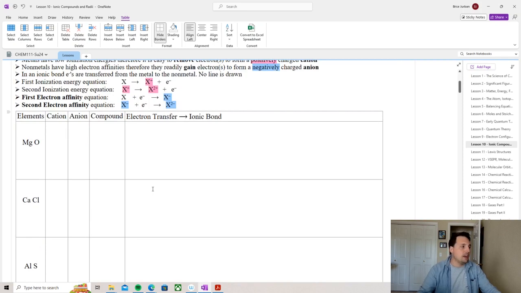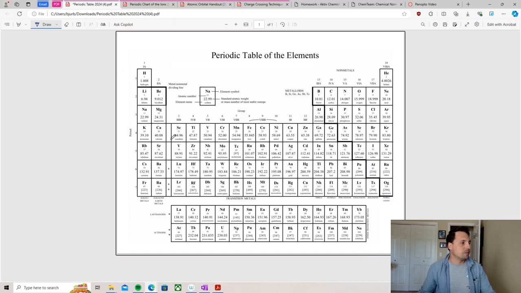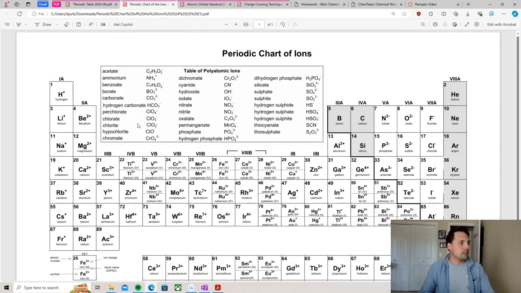Let's look at the ionic compound that results when we have magnesium and oxygen that come together. Now, magnesium is in the second group of the periodic table, just below beryllium. We'll be making use of this other chart today. It's the periodic chart of the ions. And to begin with, we'll look at magnesium and see that it has a 2+ charge.